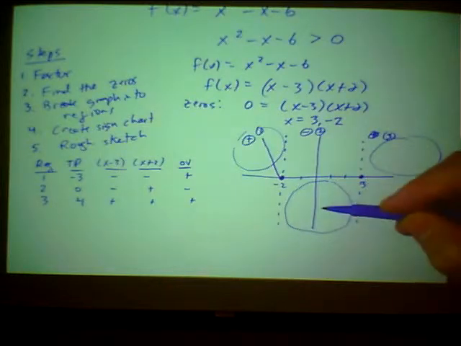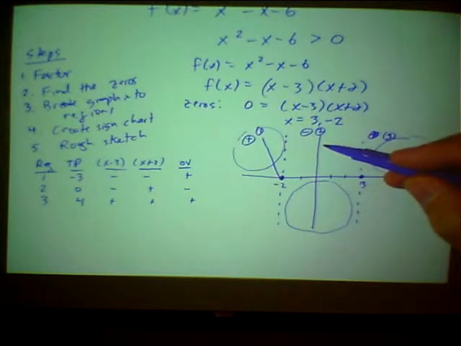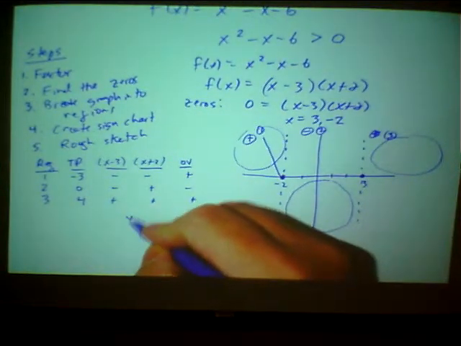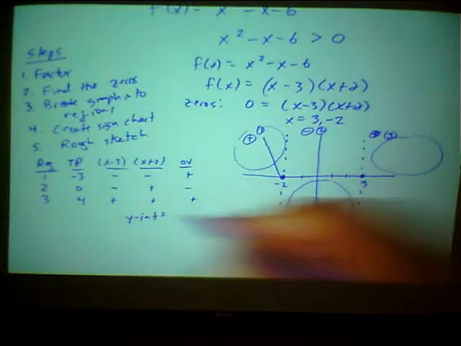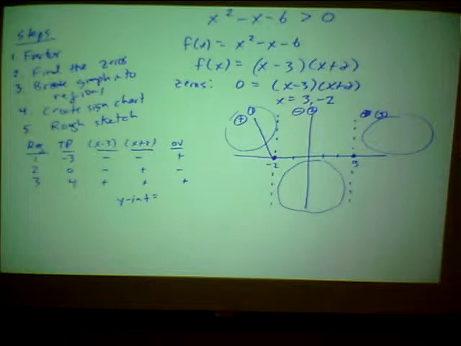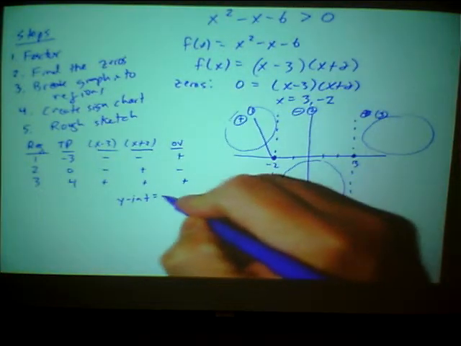just to see how far down it goes, I can calculate the Y-intercept. The Y-intercept is when you take the original equation and set x equal to 0. The Y-intercept is actually going to be minus 6.